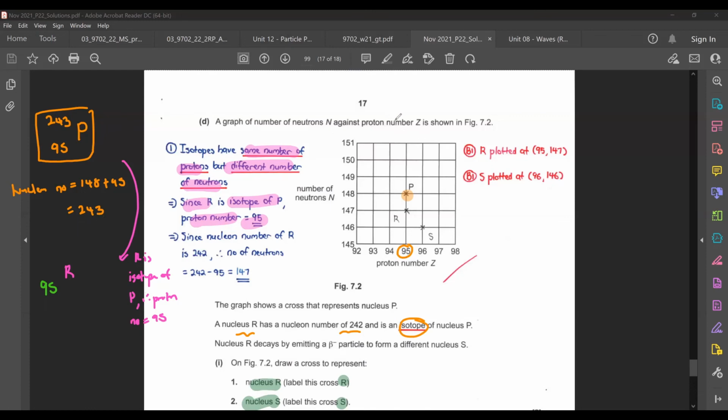And then after that, I know that the nucleon number of R was already given as 242. This is given. So from here, what is my number of neutrons?